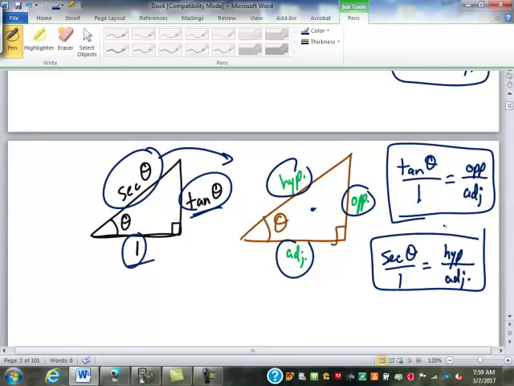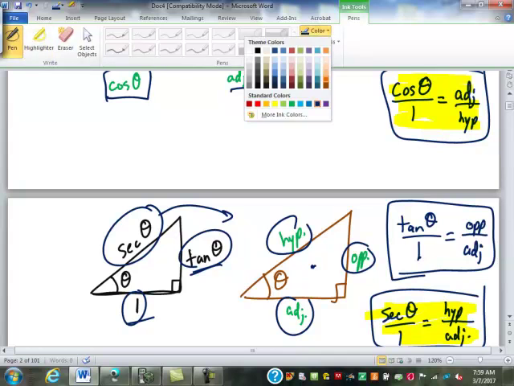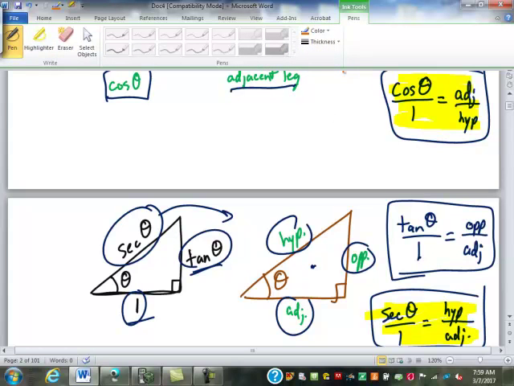So the secant of an angle is equal to the hypotenuse over the adjacent. Now if I scroll up just a little bit, do you see a similarity anywhere between the secant and another trig function? Cosine is adjacent over hypotenuse. Yeah, the secant is hypotenuse over adjacent. So the secant is the reciprocal of the cosine. And I'll show you what that means on your calculator when I try to calculate secant after a while.